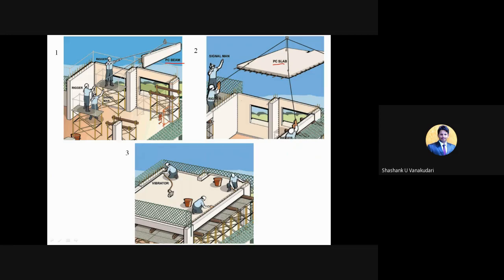They also need to check the proper alignments and require certain additional supports. And here, even for the PC slabs, they use big canopies. These canopy-like structures you can see can be placed directly on top of this. After this, the other works like grouting are completed by filling those joint parts.